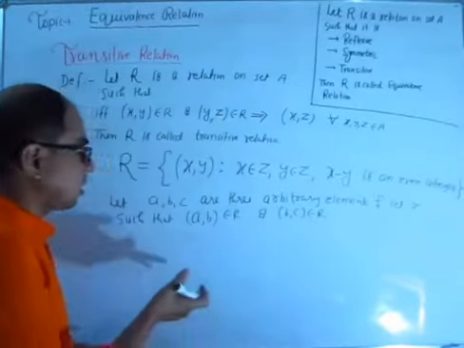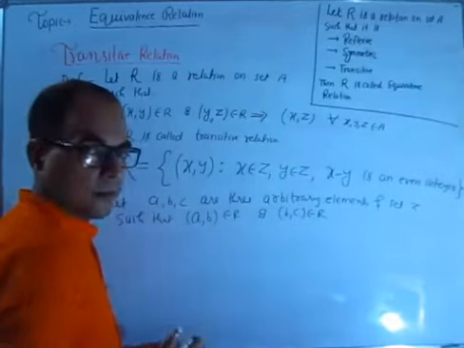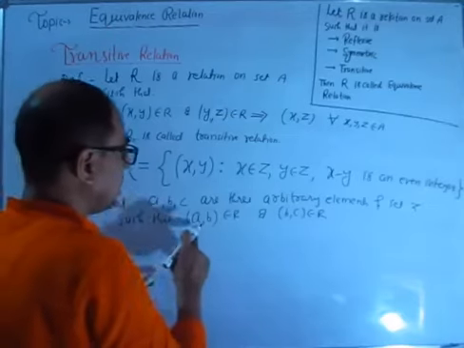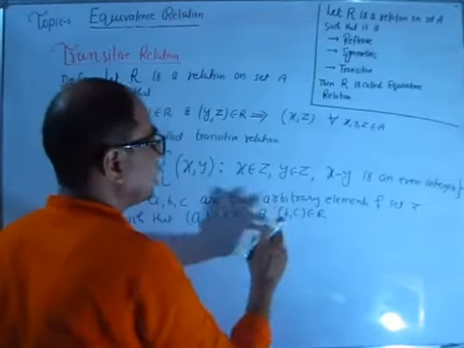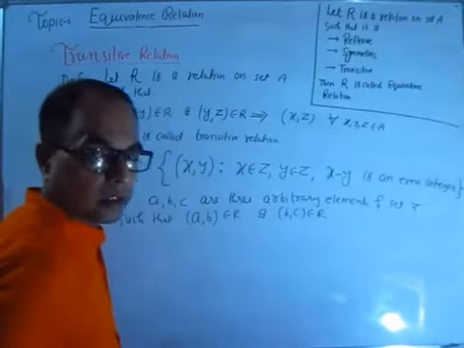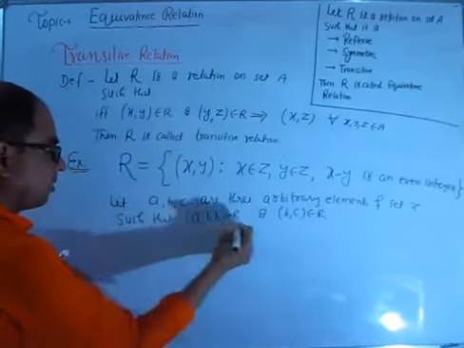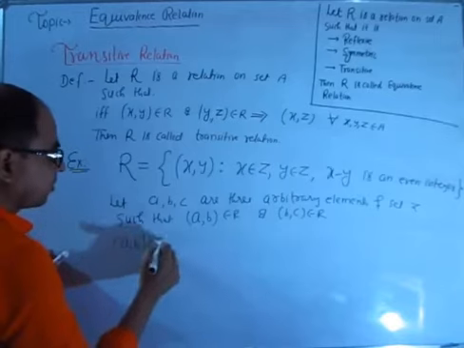So that's why I have assumed that A is related to B and B is related to C. Clear? Now we have to prove that A is related to C. If we are able to prove that A is related to C, then we can say that this is a transitive relation. Clear? So start with this assumption: A related to B. What does it mean?